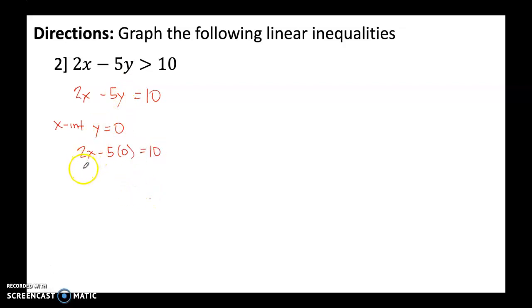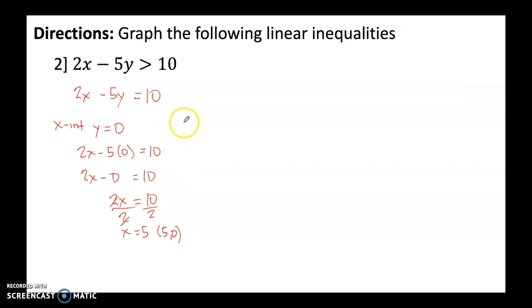Simplify: 2x minus 0 is 2x equals 10. Divide both sides by 2 to find the value of x. So x equals 10 divided by 2, which is 5. Therefore, the x-intercept is at (5, 0).